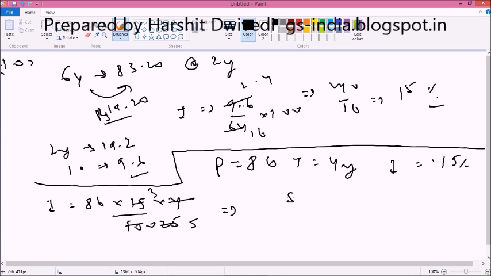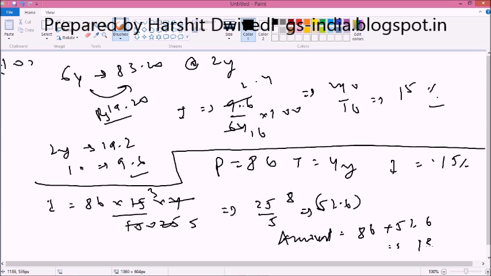It becomes 3 6s are 18, 3 is 24, 258 by 5. 51.6 is the interest. Interest is 51.6, so the amount will be 86 plus 51.6. It will become 137.6 is the answer. 137.6 will be the final answer.